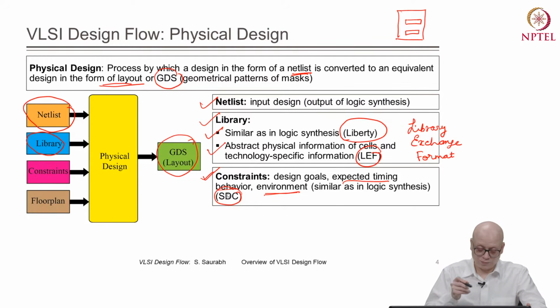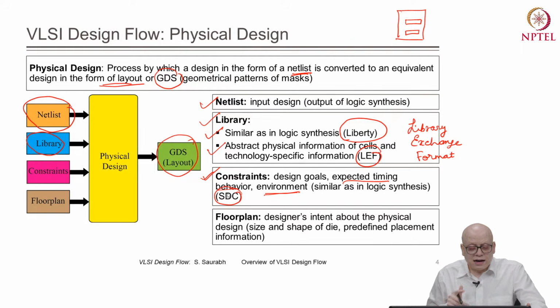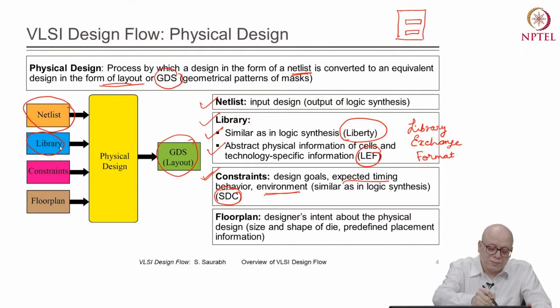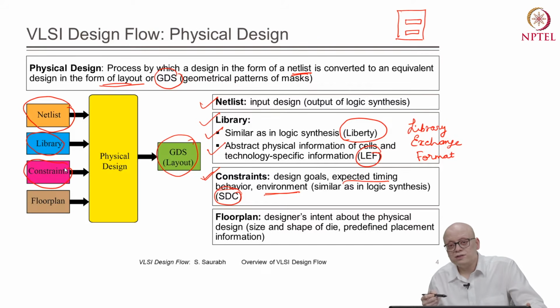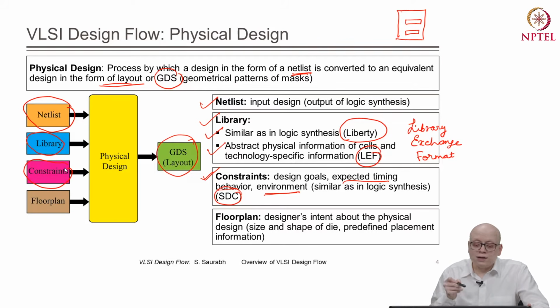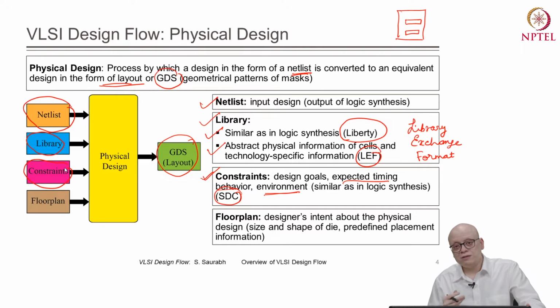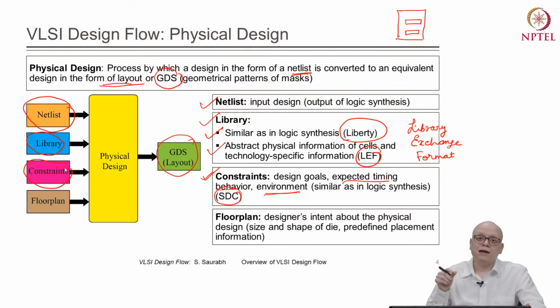So, a modified version of the SDC file that we used in logic synthesis can be used in the physical design step also. Okay. And besides netlist, library, constraints, another input is the intent of the physical design, meaning what is the size of the layout that we are trying to make, right? Because finally the layout that we will be making, based on that the die will be fabricated and that die will be packaged and put in the chip, right.